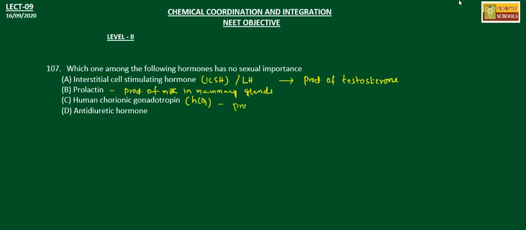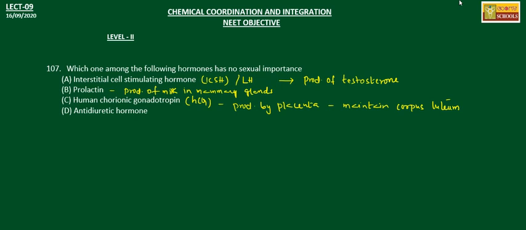It is produced by placenta, and its function is to maintain corpus luteum during pregnancy. So that is human chorionic gonadotropin.